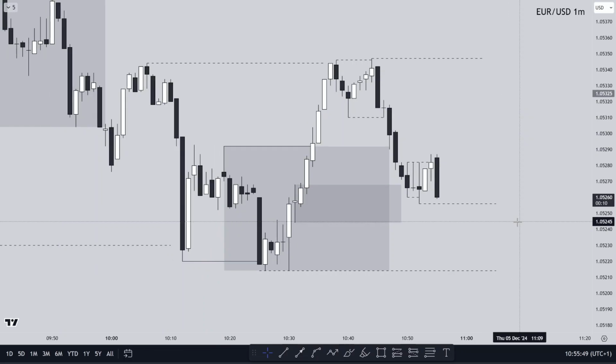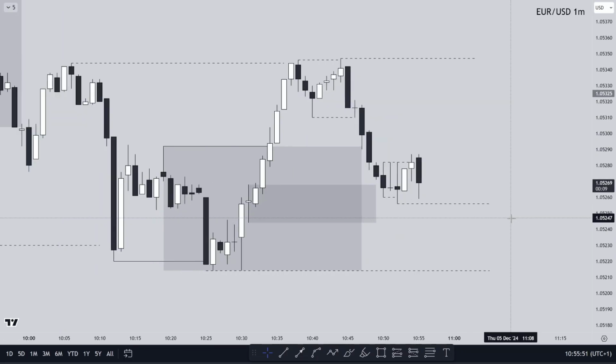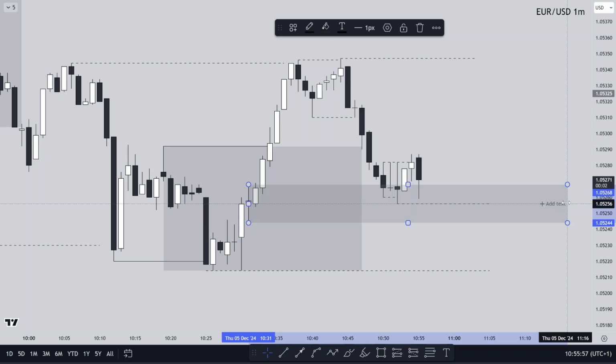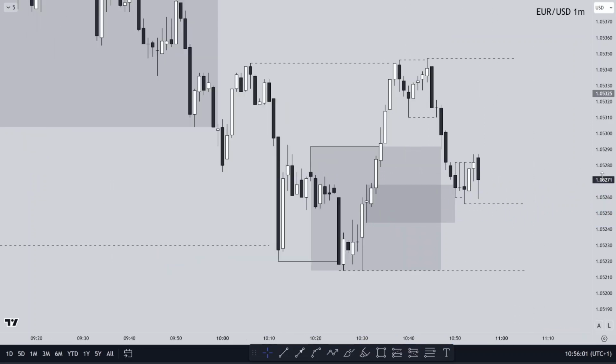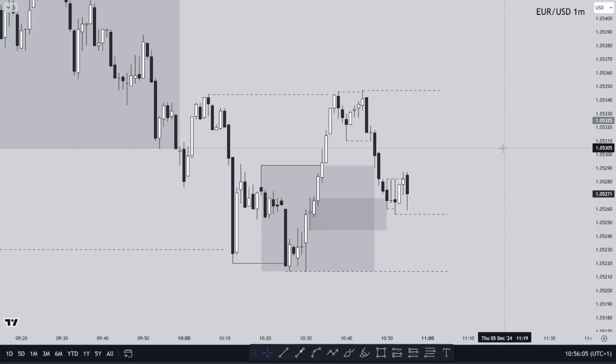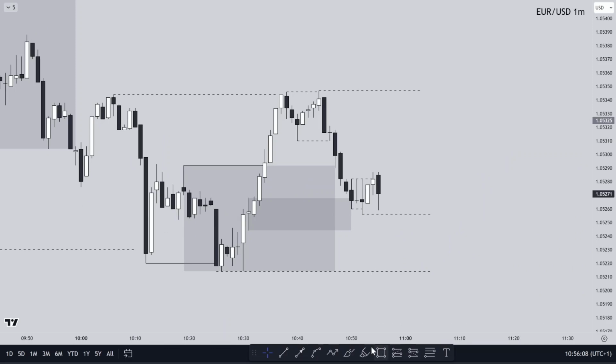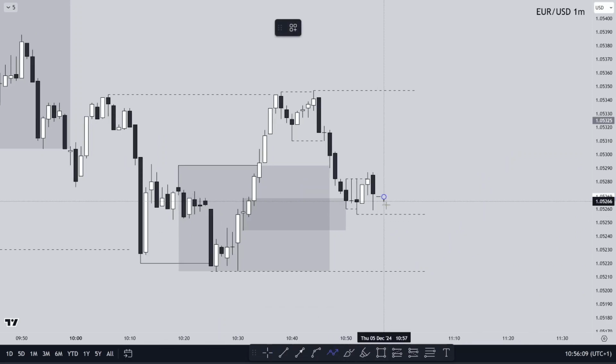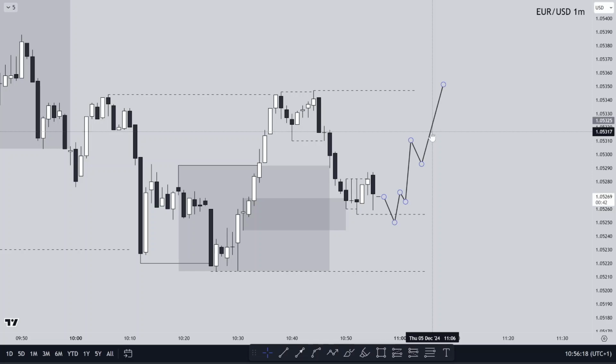Yes. Still fighting. But I don't really trust the long movement from here right now. Maybe only if price takes out this liquidity and closes above this level, yes, it's possible to go up again.